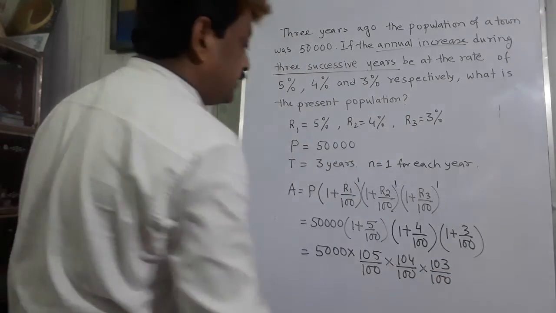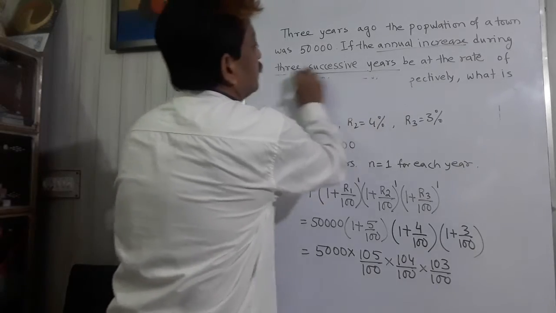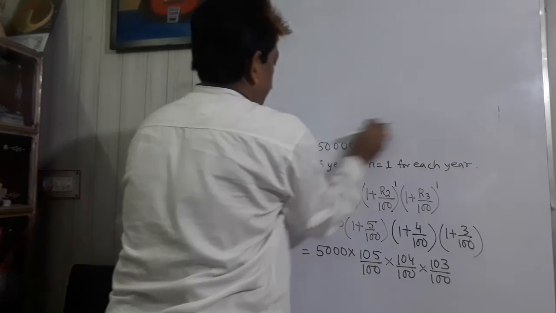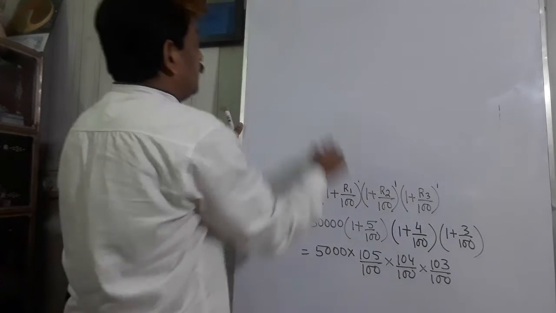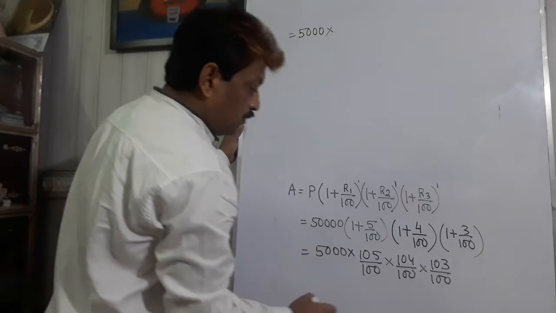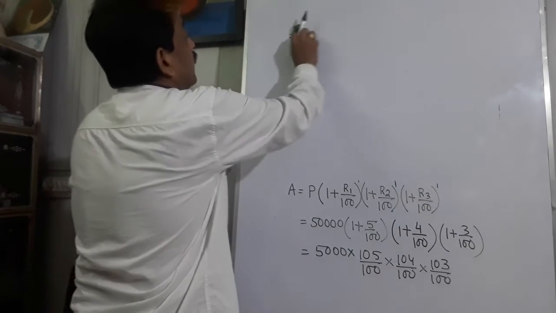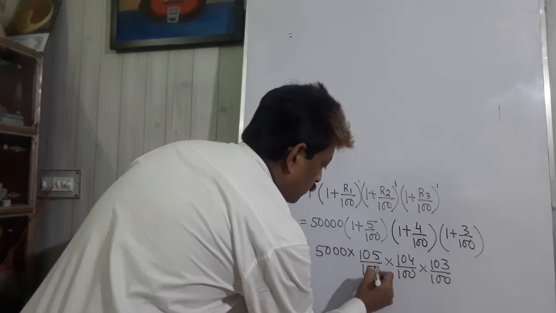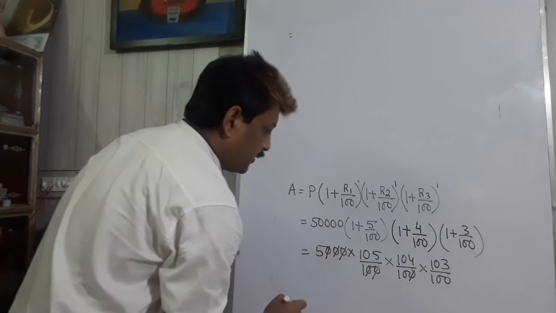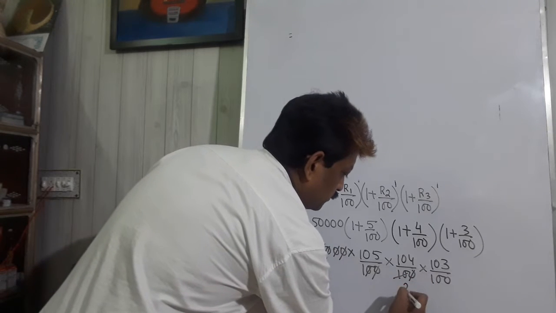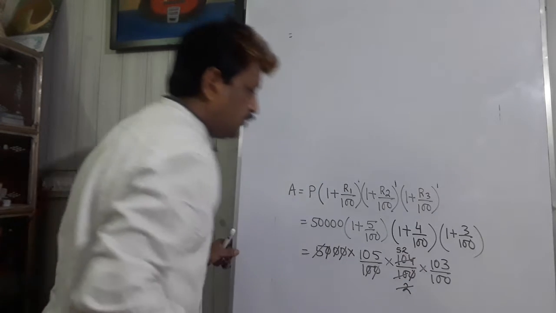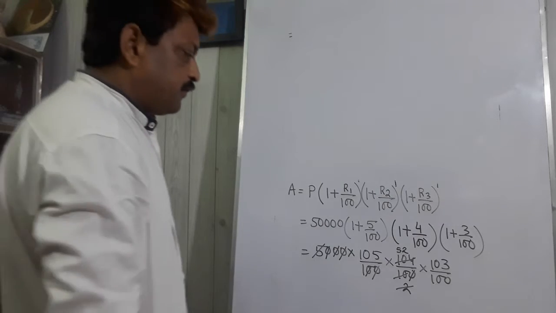Now we have to go for calculation. So it is 50,000. Now let us cancel the zeros. 1, 2, 1, 2, 1 more 0, 1 more 0. Then 5 cuts 10 is 2, and 2 cuts 104 is 52. Okay, any more calculation left?